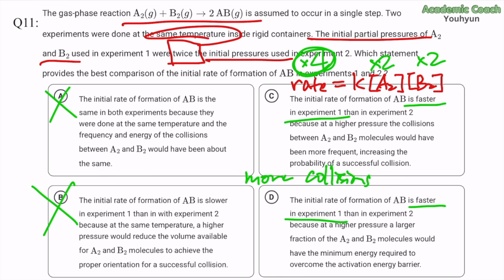And just because you have more collisions does not mean that the percentage or the fraction of the effective collisions increases. What it does is only increase the total number of collisions, just like increasing the total number of applicants for a school. So the right answer will be C. More collision does not increase the fraction.